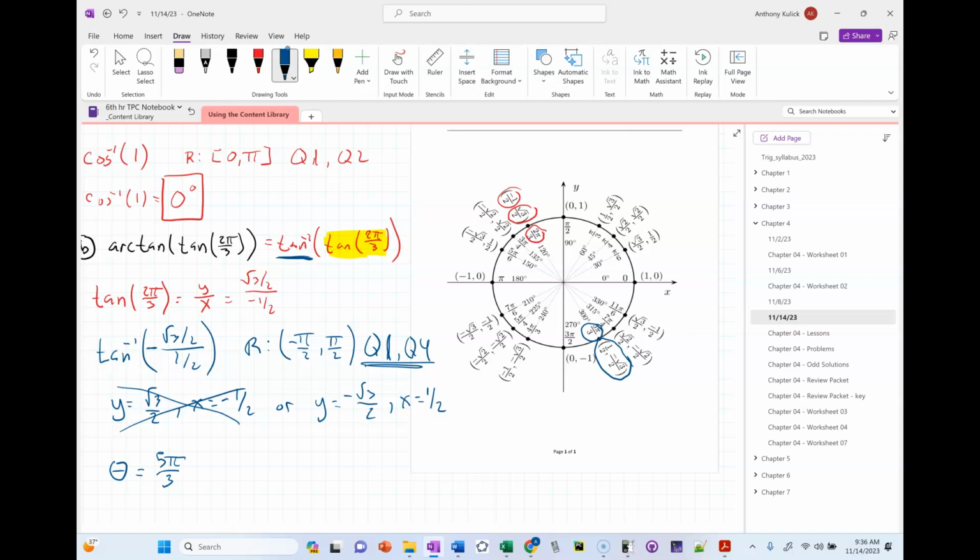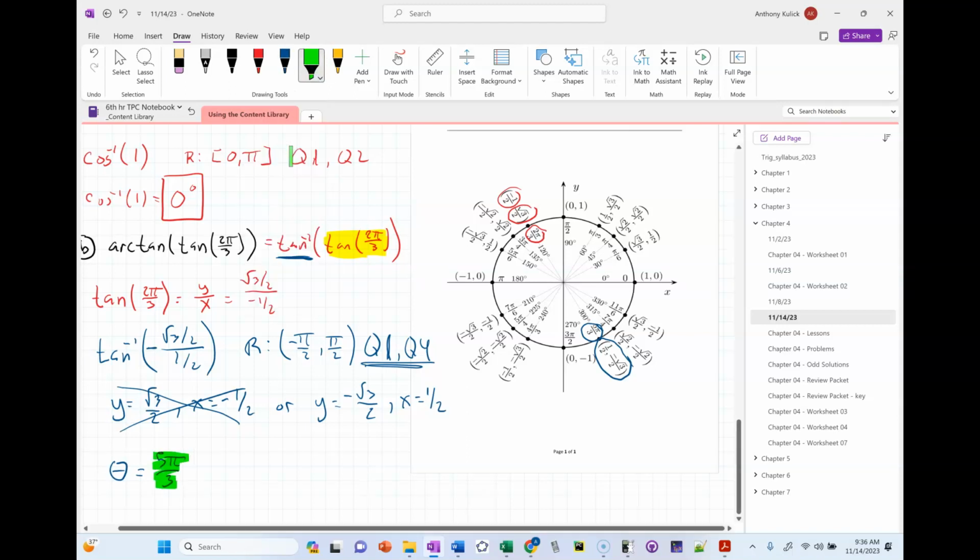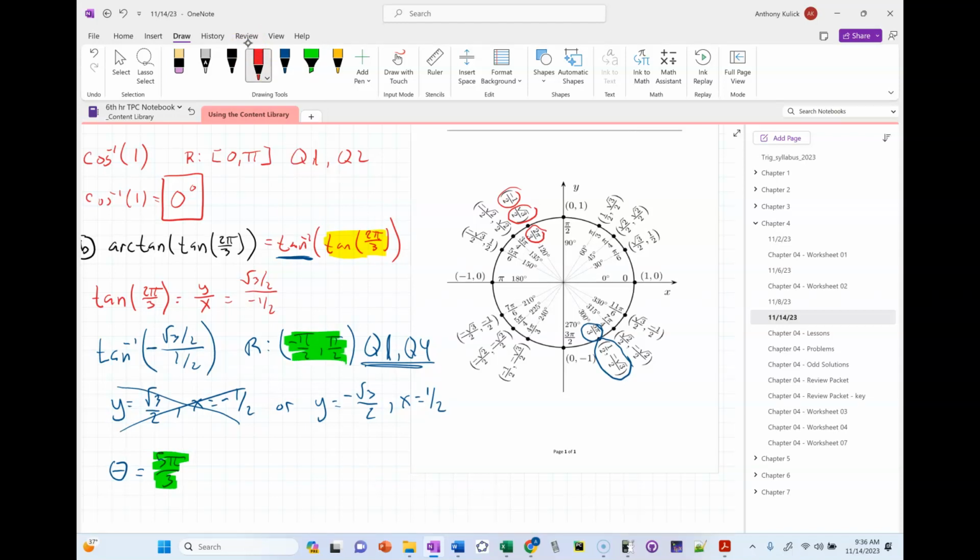Uh-oh! Is 5 pi over 3 in between negative pi over 2 and positive pi over 2? Nope. Did we make a mistake? Nope. What do we just need to do? Yeah, we just need to see if we can find something coterminal by adding or subtracting 2 pi.